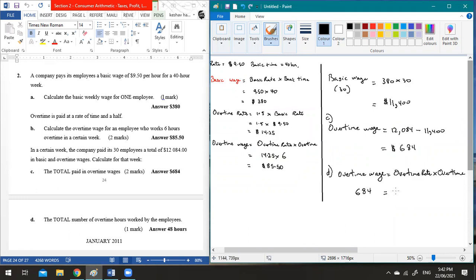We know the rate is $14.25, and you want to find the overtime. So again, we will divide by the 14.25 on both sides of the equal sign. This and this will cancel out.